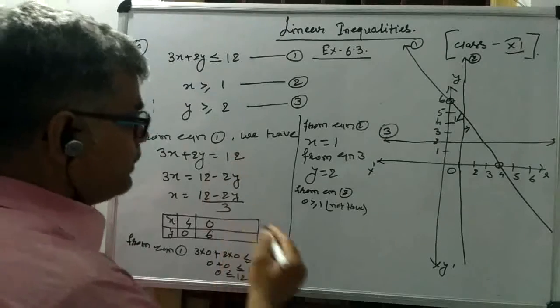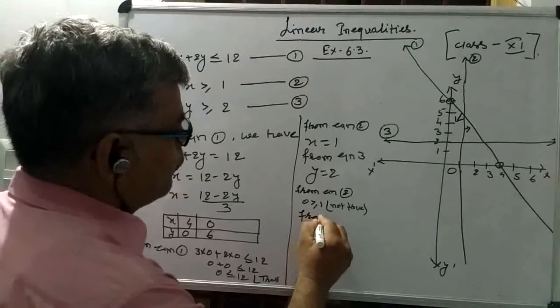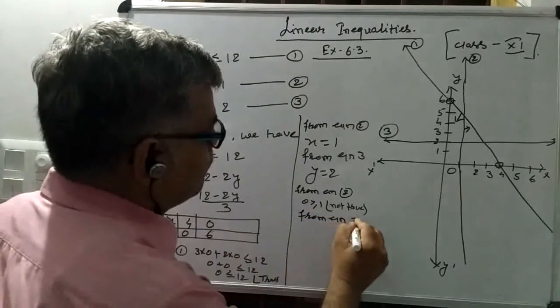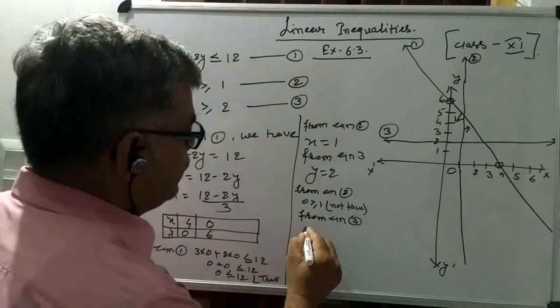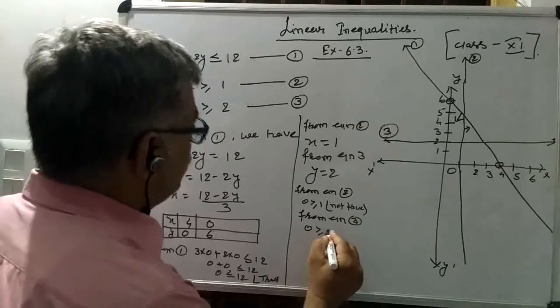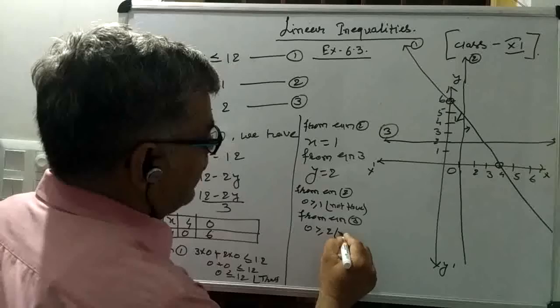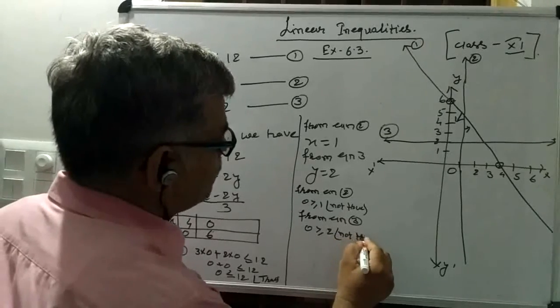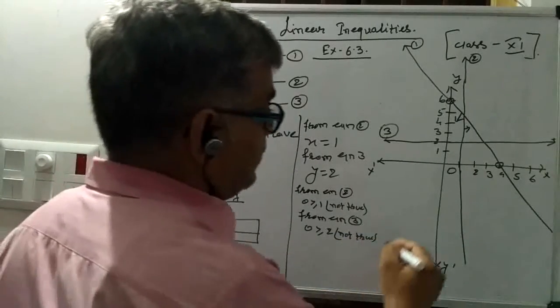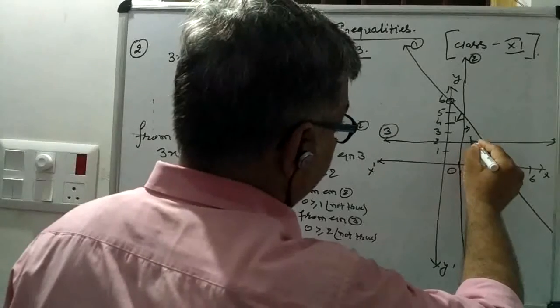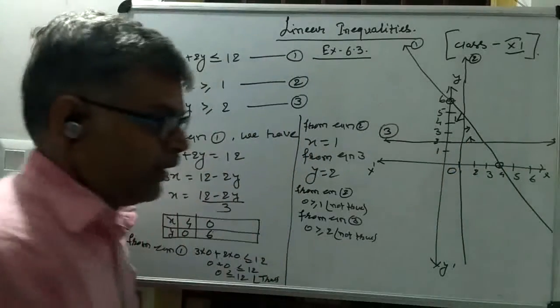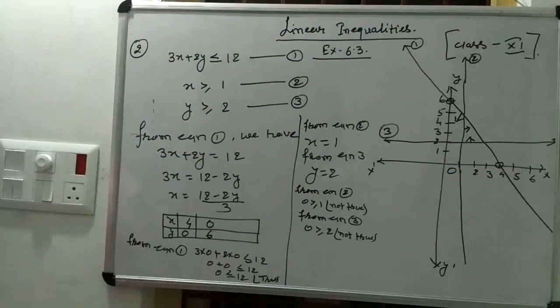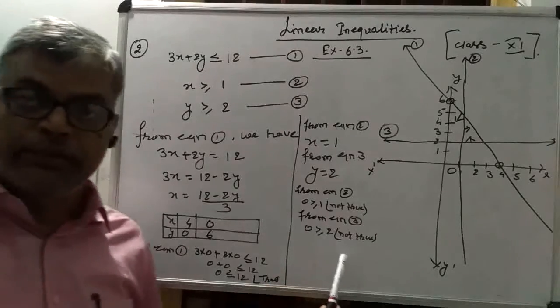Now you see from equation 3, you get 0 is greater than or equal to 2, which is again not true. It means this is also showing the upper half, because it is not true.